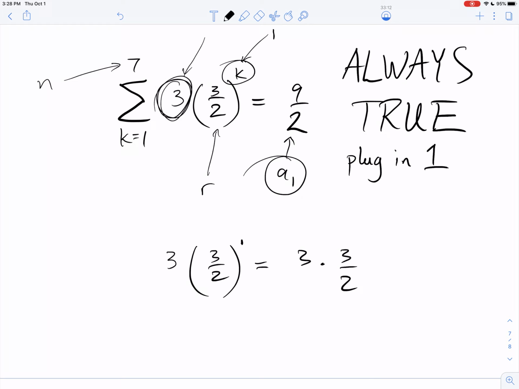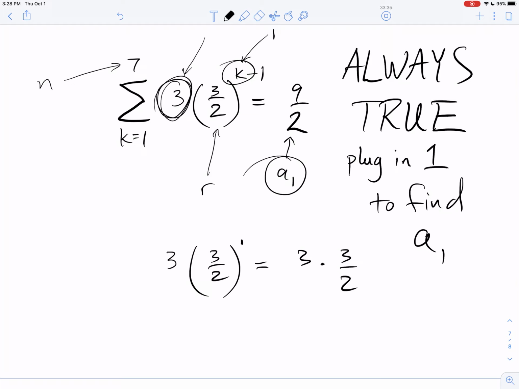If this was a minus, there'd be no issue. But whoever wrote this one out didn't do it politely. So if you want to use the formula, you got to get yourself A1. Always true. Plug in 1 to find A1.